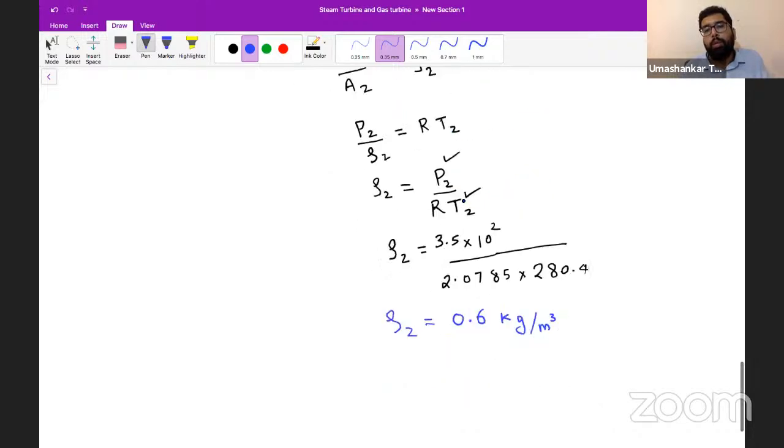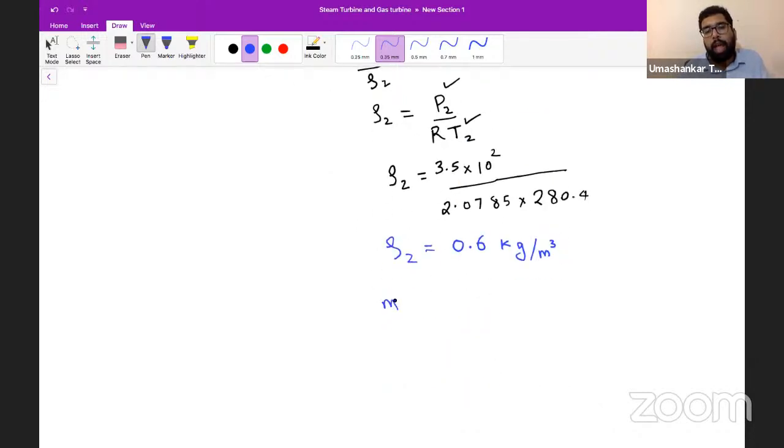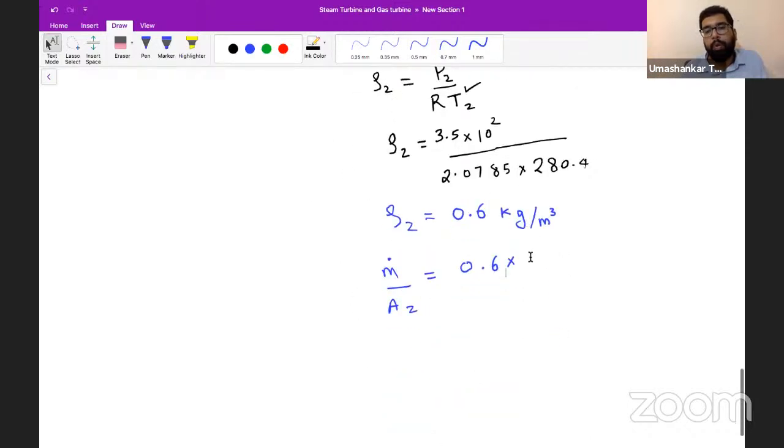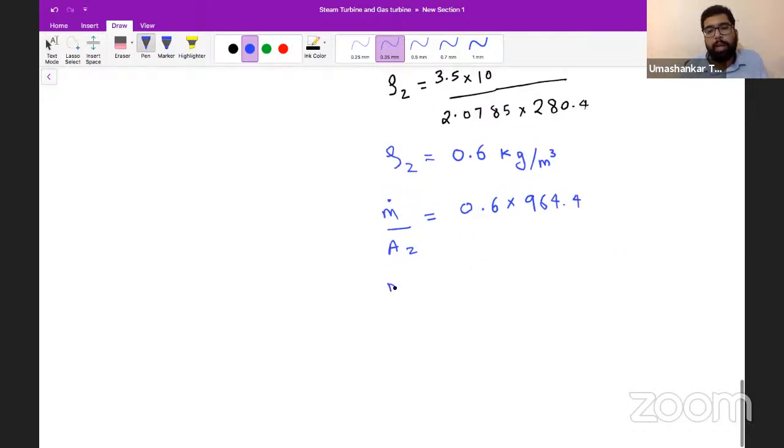So you put these into this formula and you will have your m dot by A2, which will be 0.6 into 964.4 meter per second.